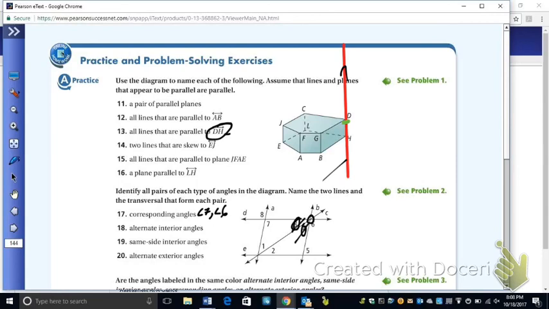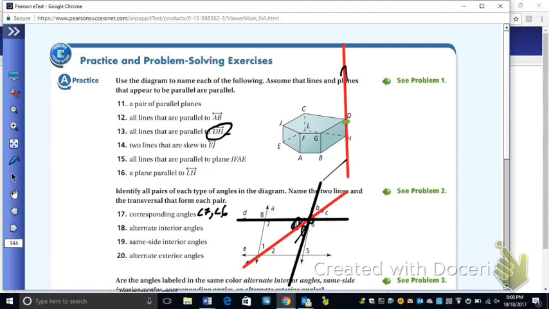Here, if we were to say that line C is our transversal, that's this one right here, and lines D and B were our lines, notice that they intersect all at the same place.